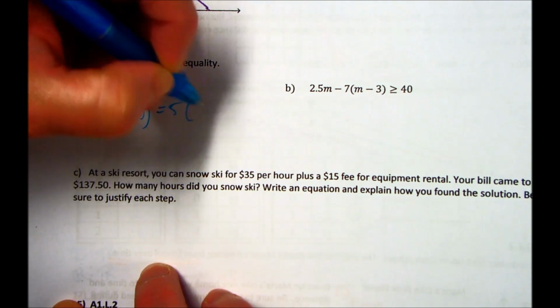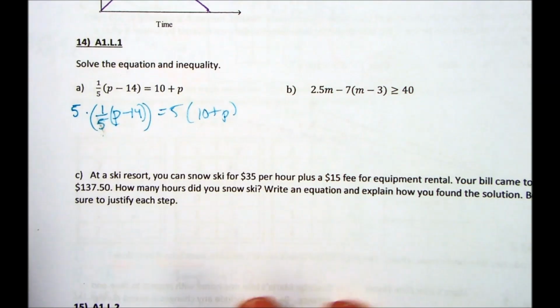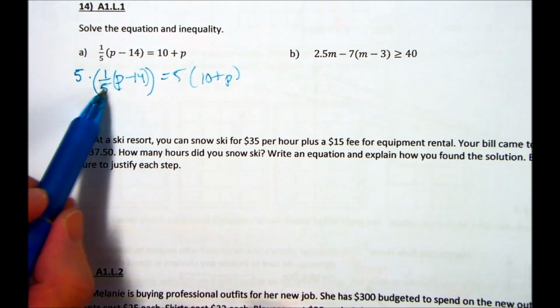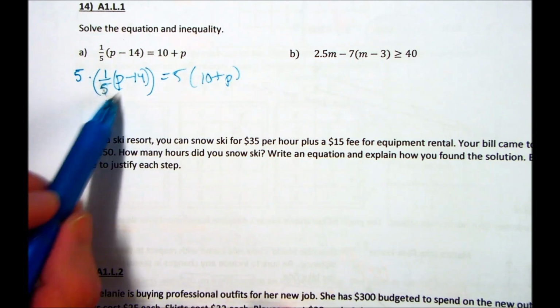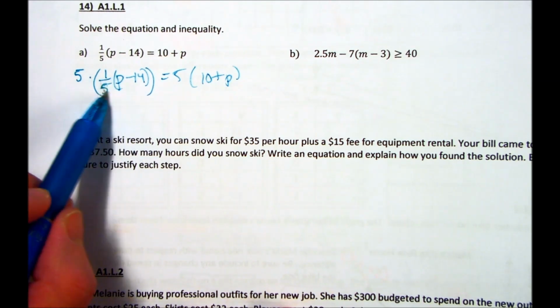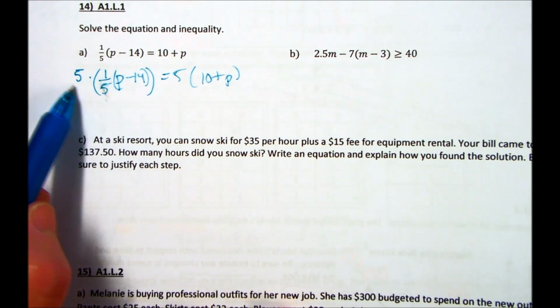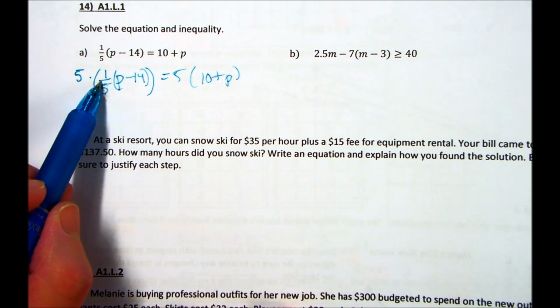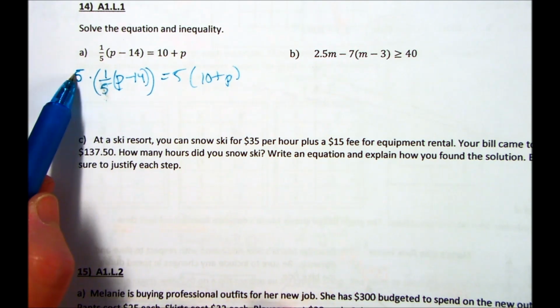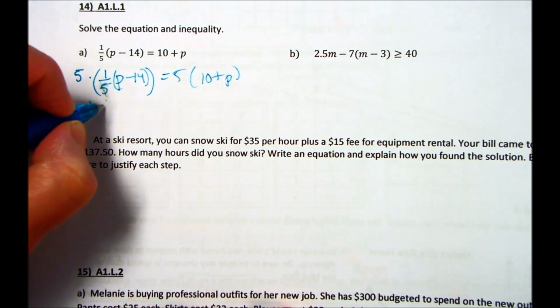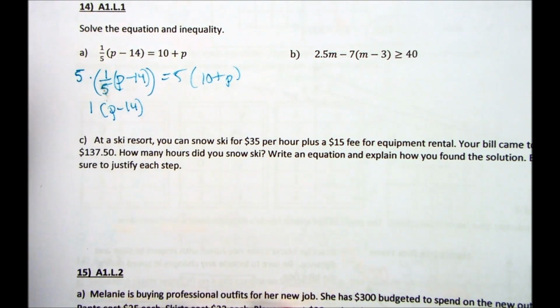So why might that be? Well, what's going to happen since you're multiplying the p minus 14 and this 1/5 together? Think of this as one term because it's being multiplied together. So when you multiply this 5 times the 1/5, that will become 1, basically, times p minus 14.